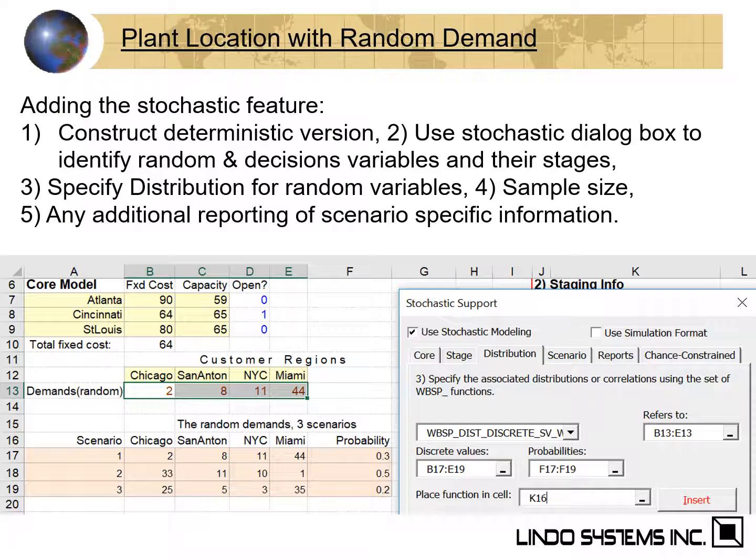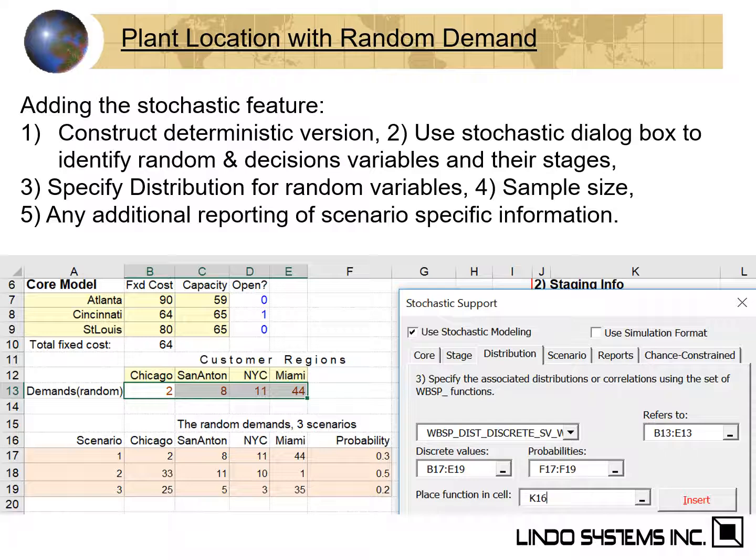And then you have to specify a distribution for each random variable. And then finally some sort of bookkeeping information, the sample size you want to use when you do the sampling from the distributions, and then any additional reporting such as histograms that you might wish to report.